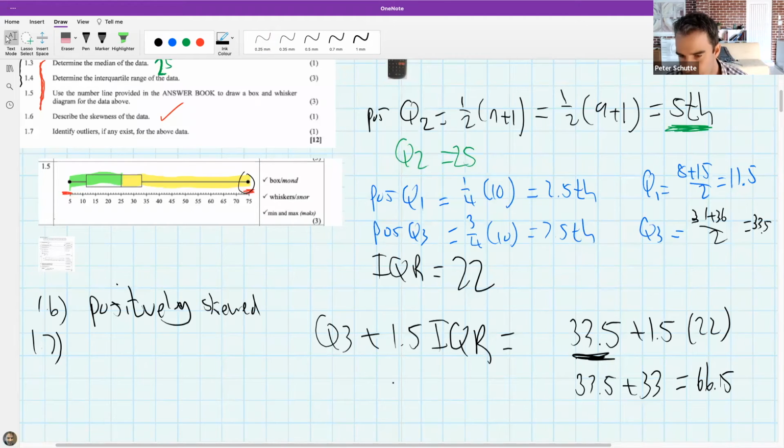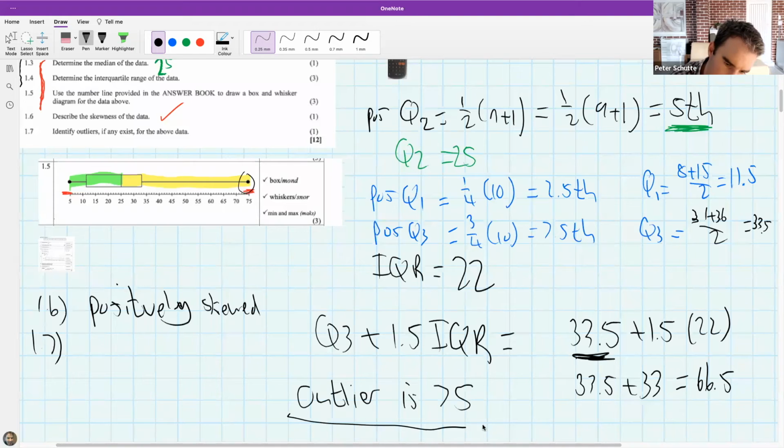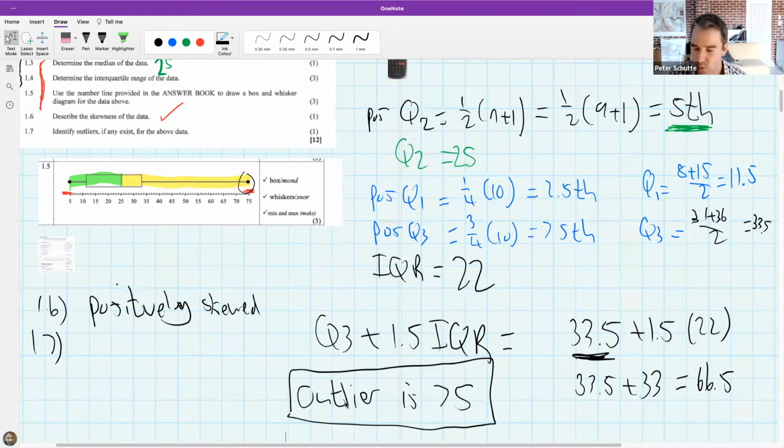Is there a number in the data set which is greater than 66.5? I think the number 75 is greater. And so we would say that there is an outlier. The outlier is 75, because 75 is greater than the upper boundary.